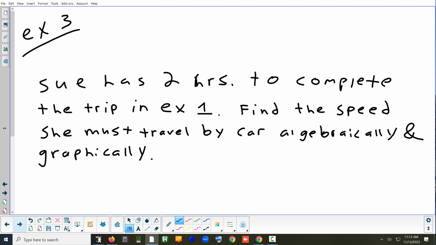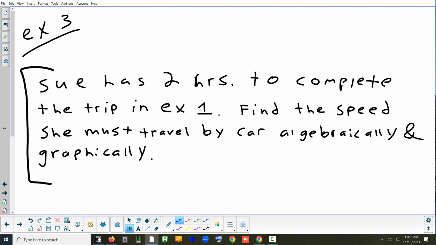So what we want to do now is set our graph up so that we are just looking at quadrant 1. Because this question is now looking at the graph again, but just thinking about it in terms of the word problem. It says Sue has 2 hours to complete the trek. Find the speed she must travel at.